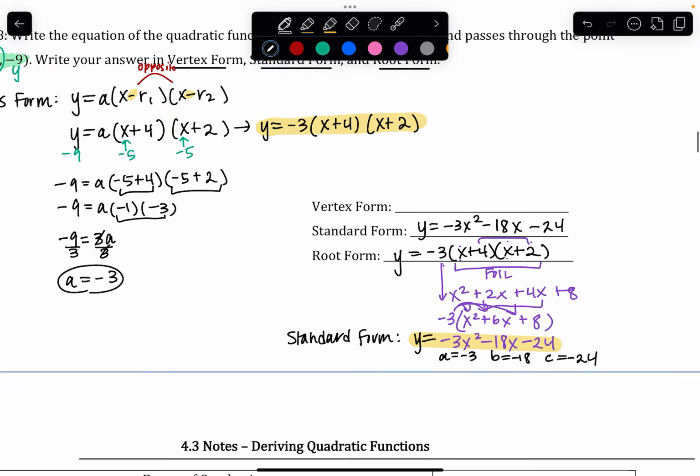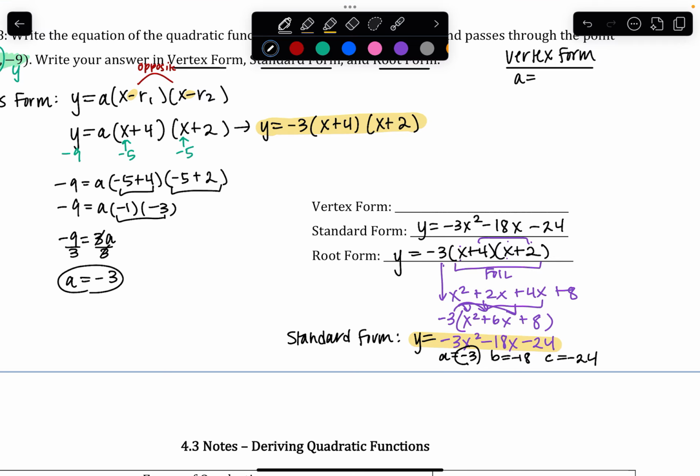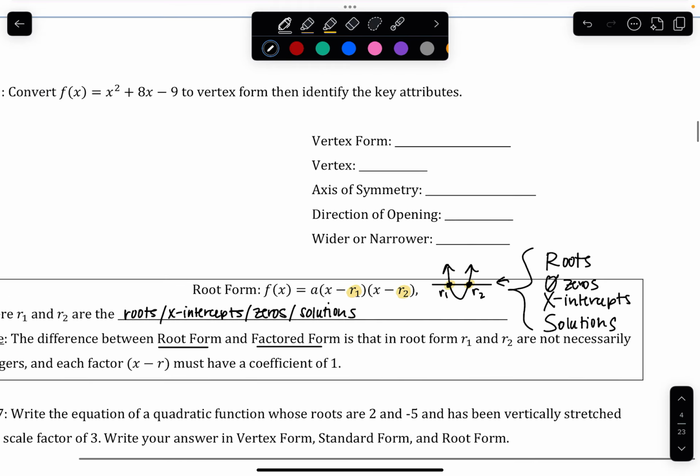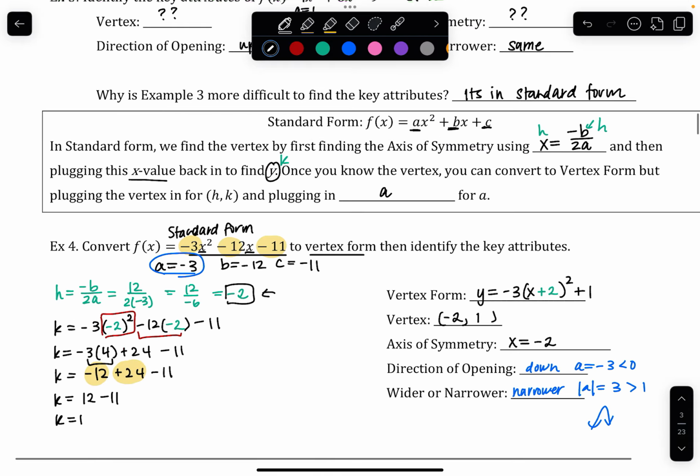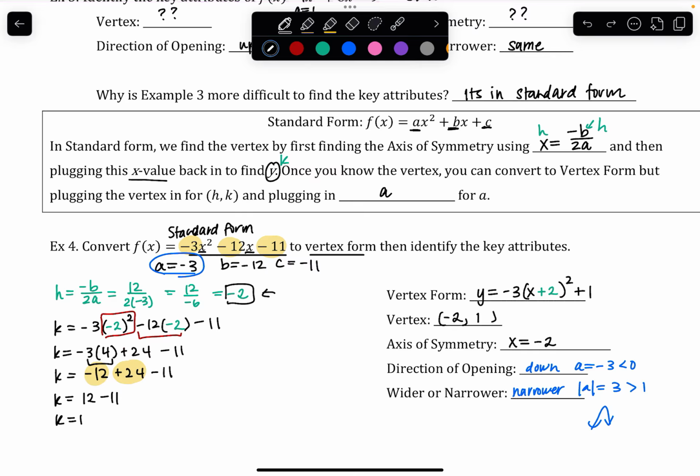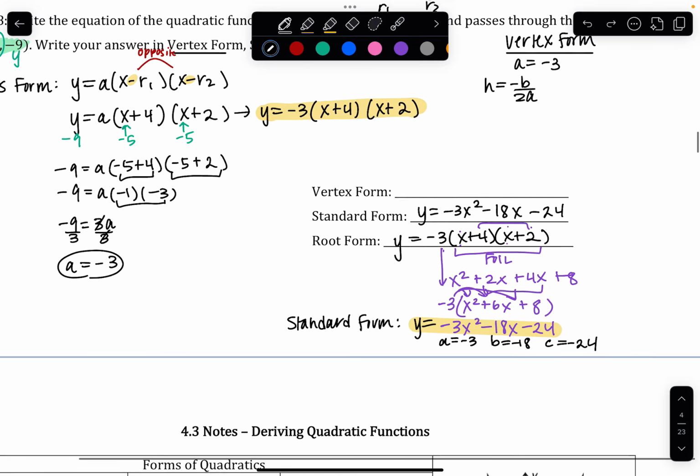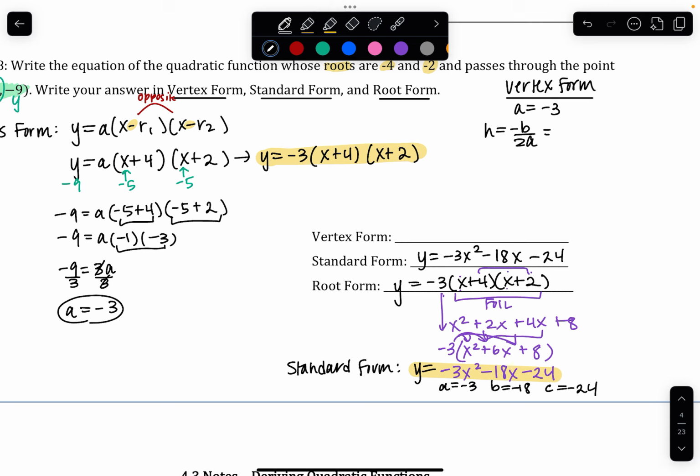Okay, and so to get vertex form, we're going to do what we did in that previous example. We know A is the same A, so still -3. H is -b over 2a using the formula from above. This formula. And so -b or opposite of b would be +18, looking at this value here, +18.